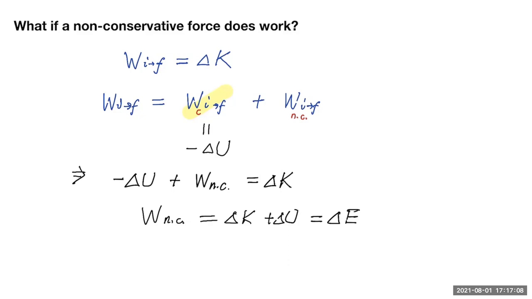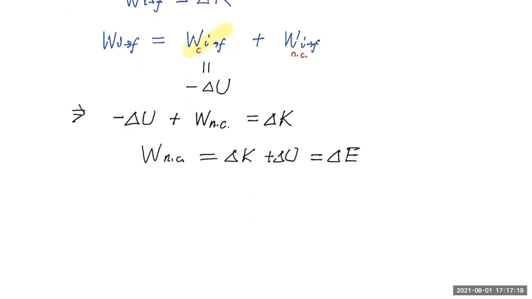So clearly, as a special case, if the work done by the non-conservative force is 0, then delta E is equal to 0. So that is the condition for the conservation of mechanical energy. But now we have a more general formula: delta E equals W non-conservative.